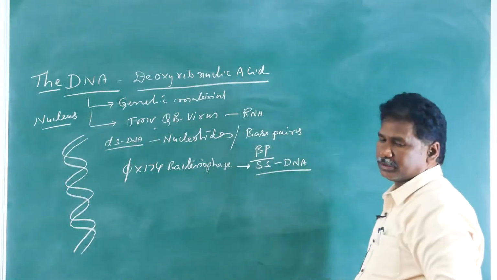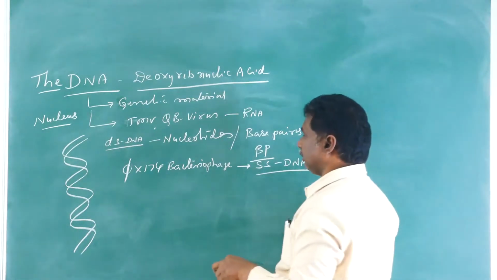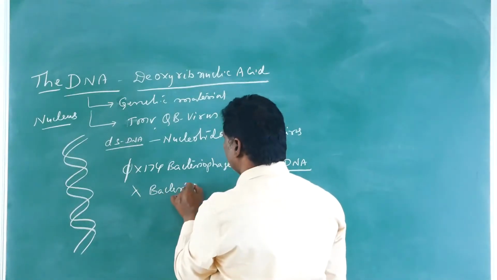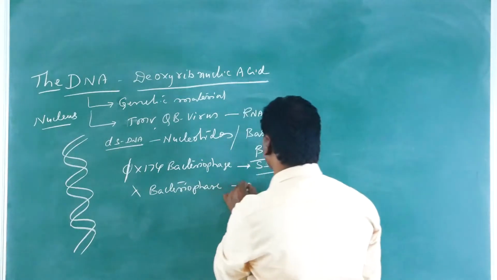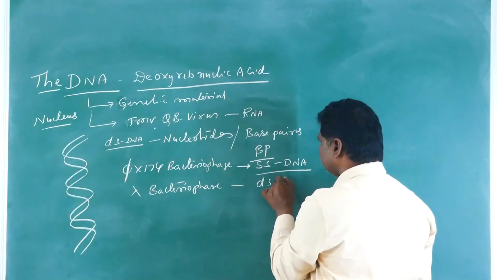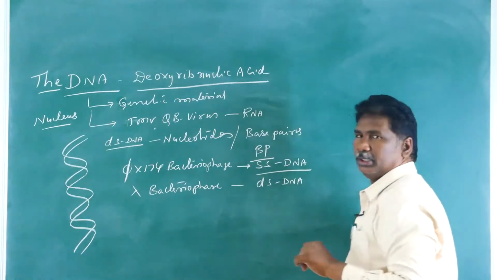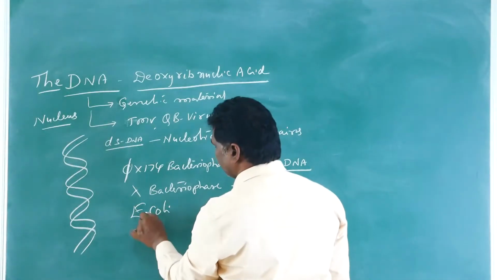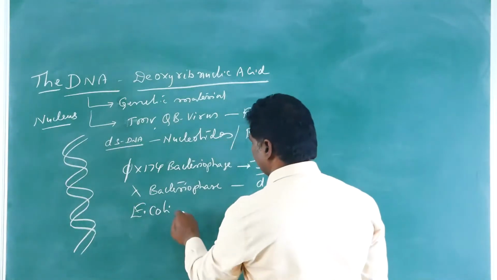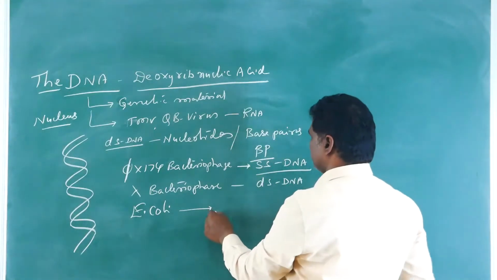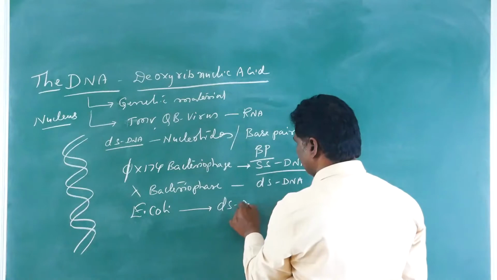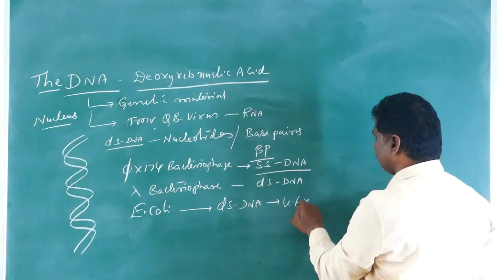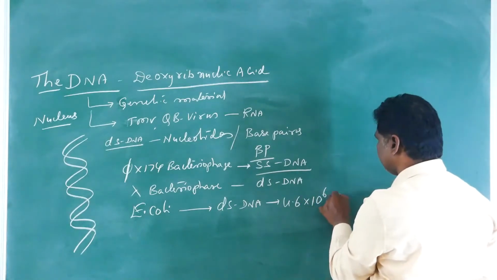Another one, lambda bacteriophage, has dsDNA. And also E. coli, Escherichia coli, a bacterium, contains dsDNA. The dsDNA has 4.6 into 10 to the power of 6 base pairs.